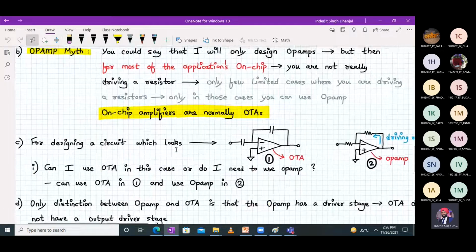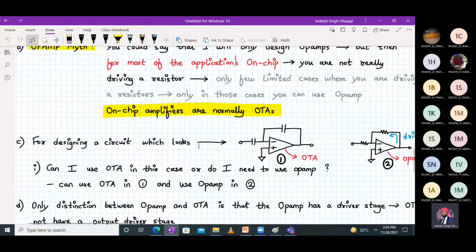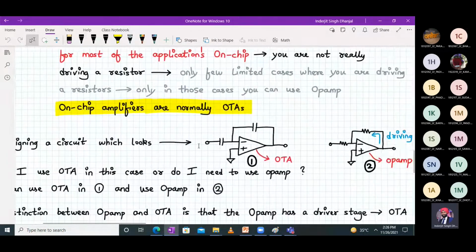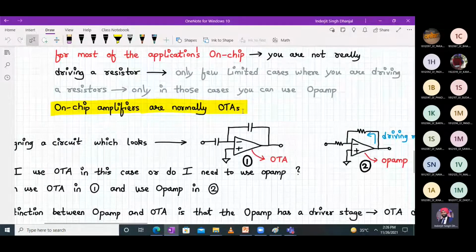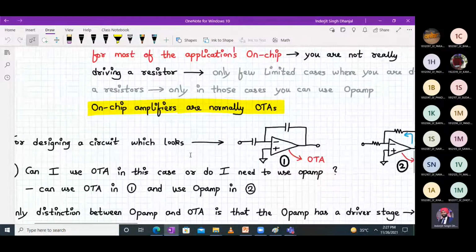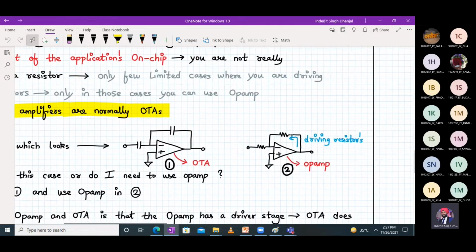Now let's see if we can answer this question. For designing a circuit which looks like this, we have a capacitor over here and a capacitor over here. Can I use an OTA here, or do I use an op-amp? Definitely, for case number one, we use an OTA because it's good to drive a capacitive load. In the second case, when driving a resistor, we don't use an OTA, we use an op-amp, the operational amplifier.